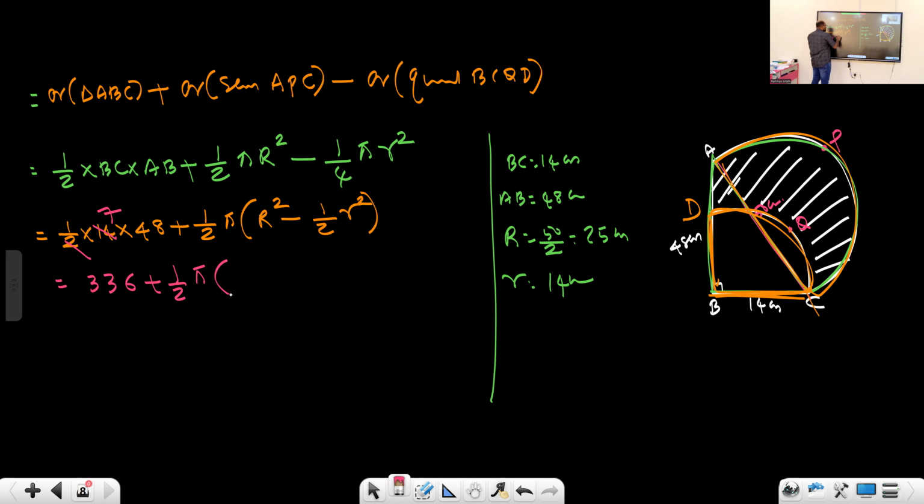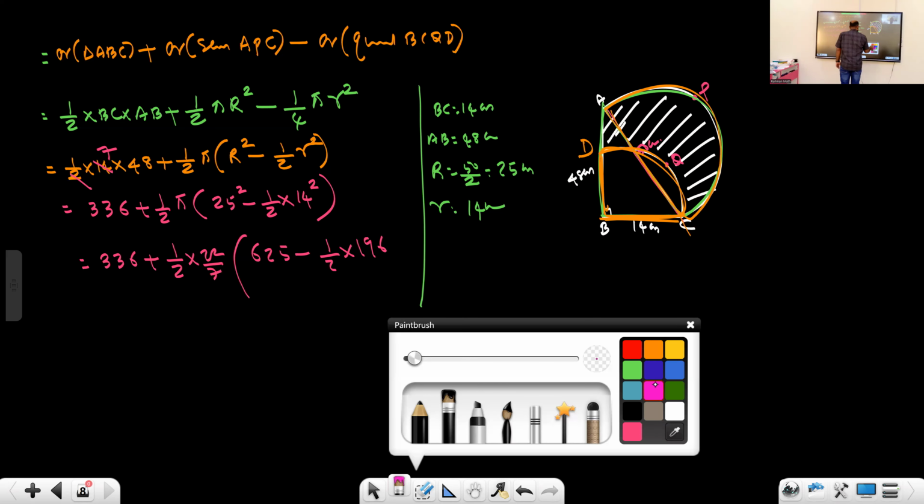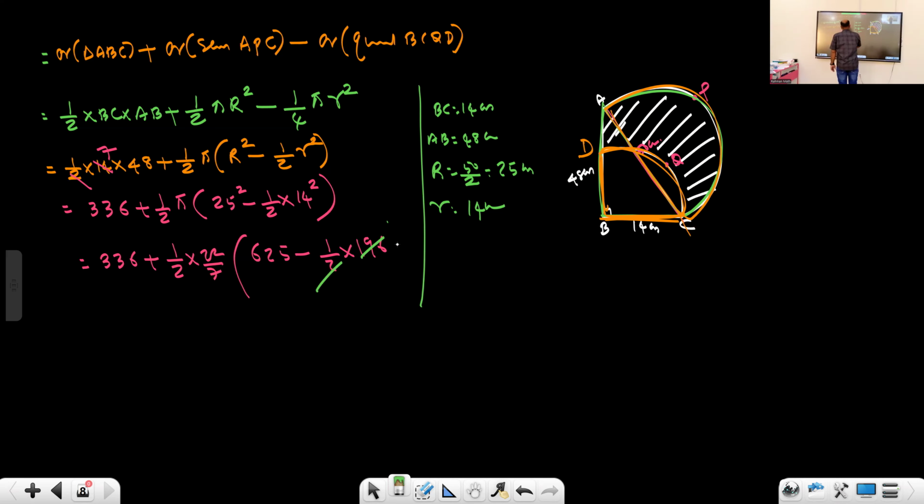Capital R 25 square, small r 14 square. Now 336 plus 1 by 2 into 22 by 7 into 625 minus 1 by 2 into 196, or 14, and like that also you can cancel. Here one cancellation, this and this you can cancel. What is 196 by 2?